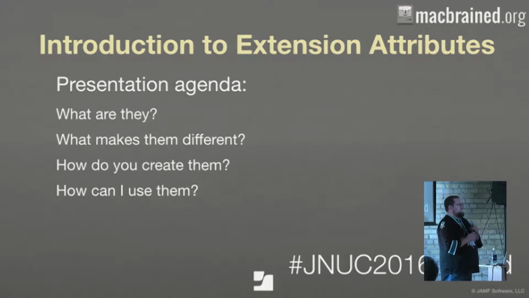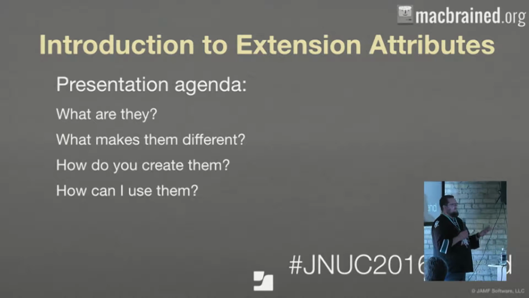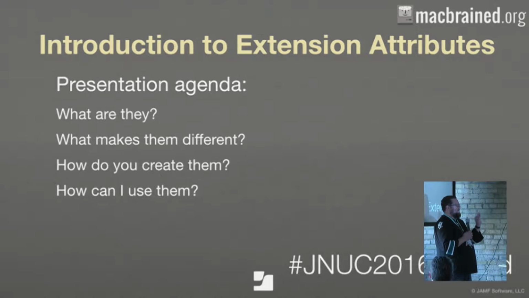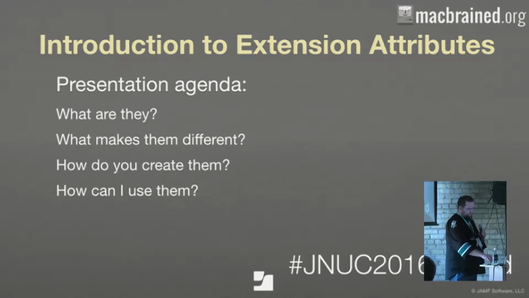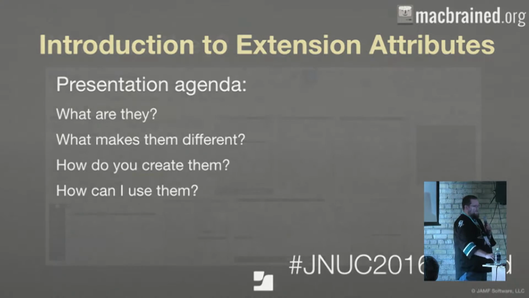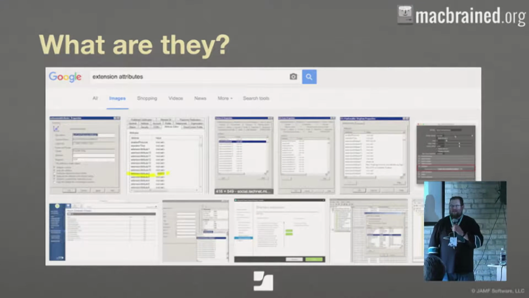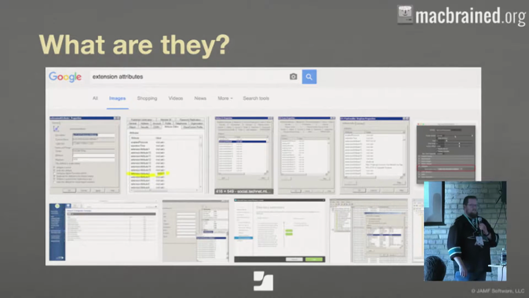With the agenda, just very straightforward. We're going to go into what extension attributes are, how we use them, all of that. When I started trying to figure out this presentation, even in Google, when I did a search for extension attributes, there was just about nothing that came up.